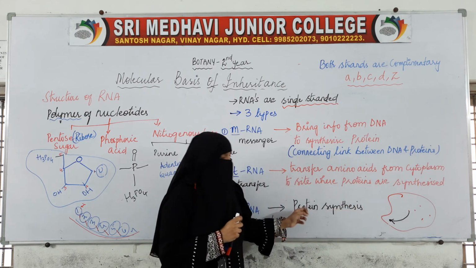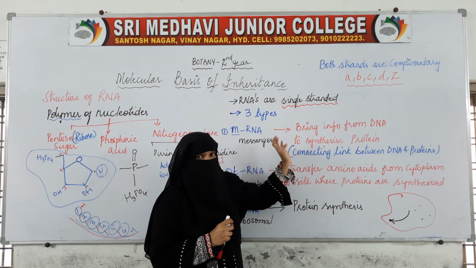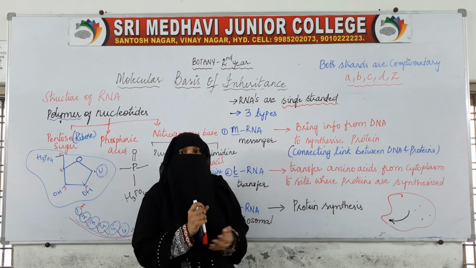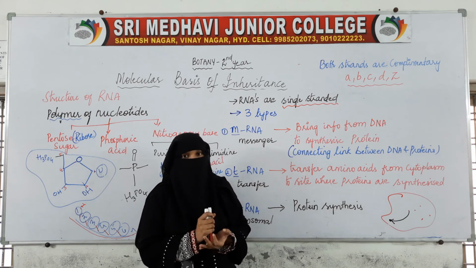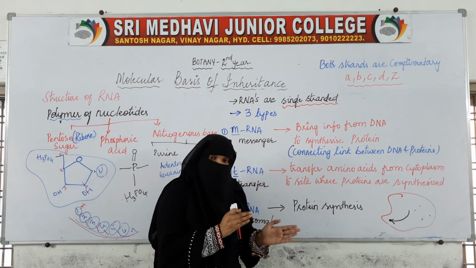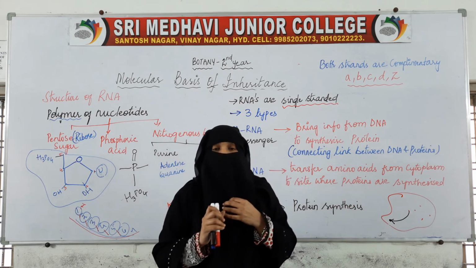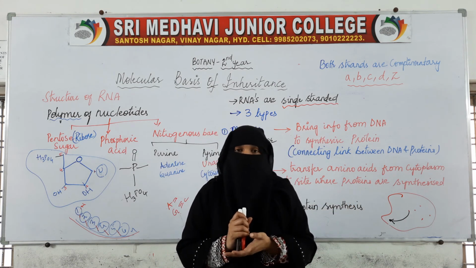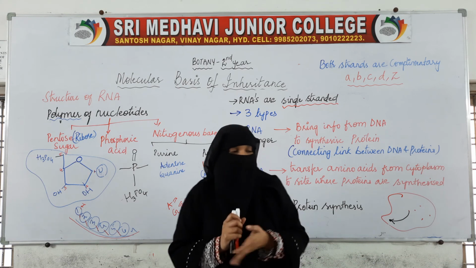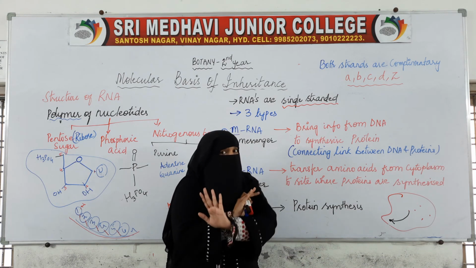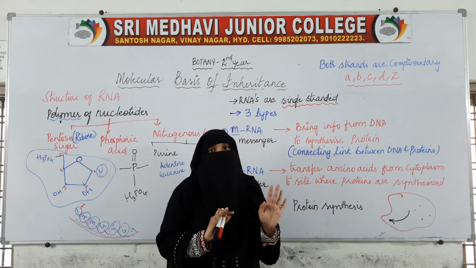By taking these amino acids and the message from the DNA, the rRNA will synthesize the proteins. With the help of these proteins only we are able to carry out various activities of our body. No protein synthesis, no activities in our body.